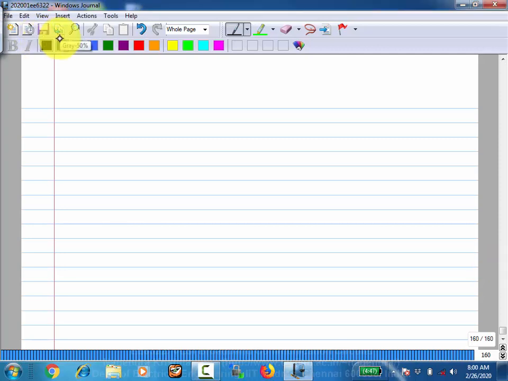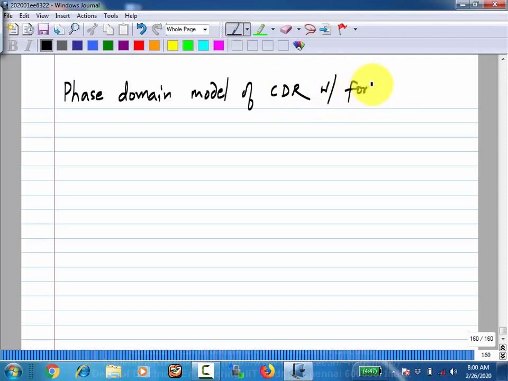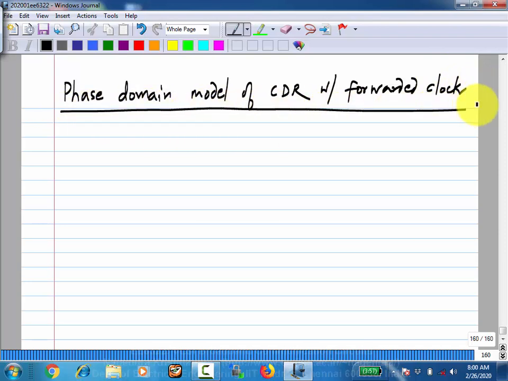We were looking at the phase domain model of the clock and data recovery circuit with forwarded clock. And we use the linear phase detector, right? The model that we came up with was, or first let me draw the CDR itself.